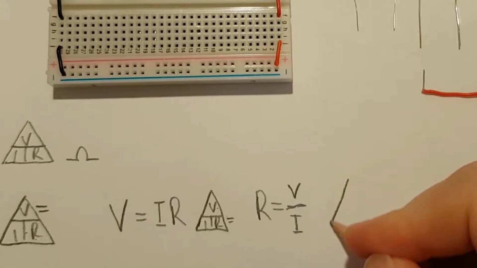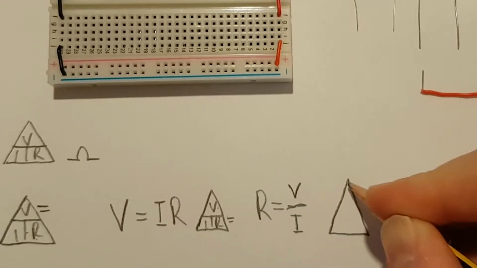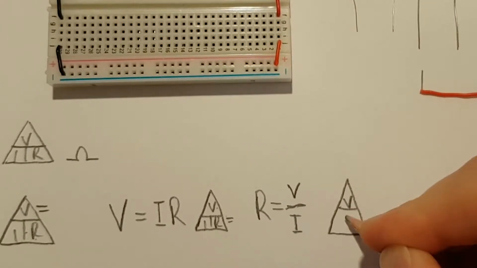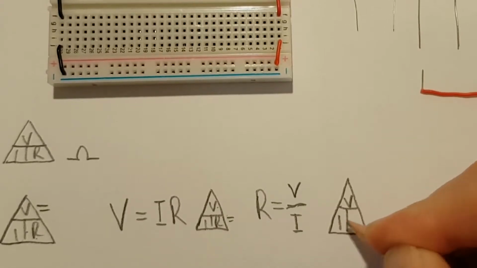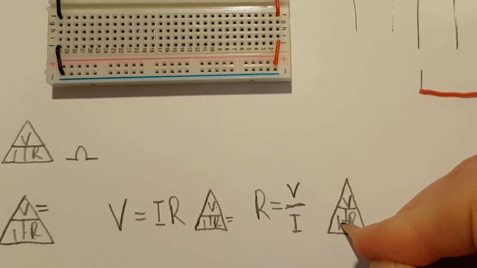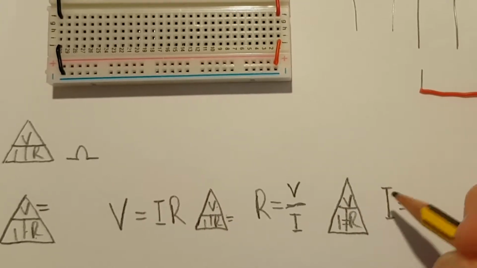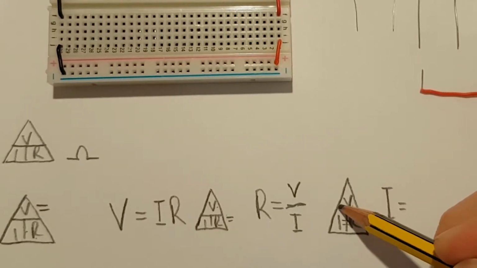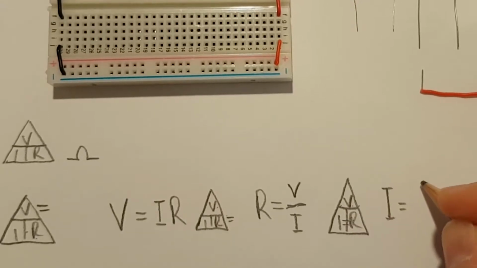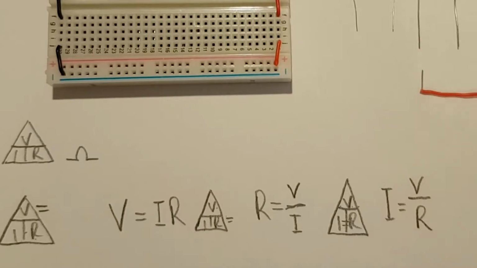And our third triangle, you guessed it, we're going to solve for I. So we put the equals there, and we have I equals voltage V over the R, resistance, voltage divided by resistance.